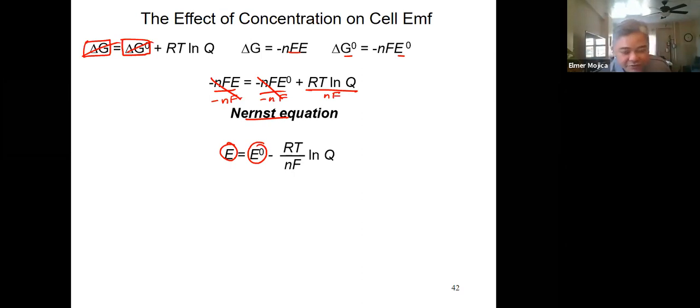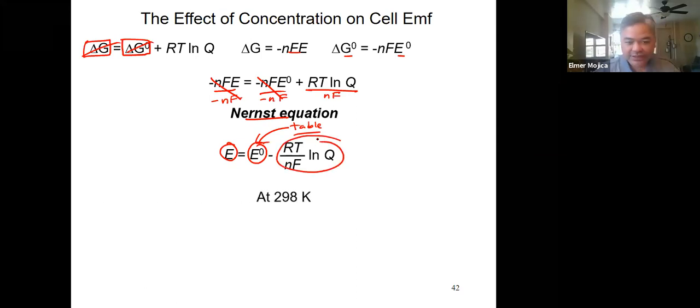Which is the one that you can obtain from the reduction potential when you determine the cell potential by looking at the cathode value and the anode value reduction potential? So this is the one that you get from doing the operation in the table. And if you're going to simplify this one, we can get it like this.